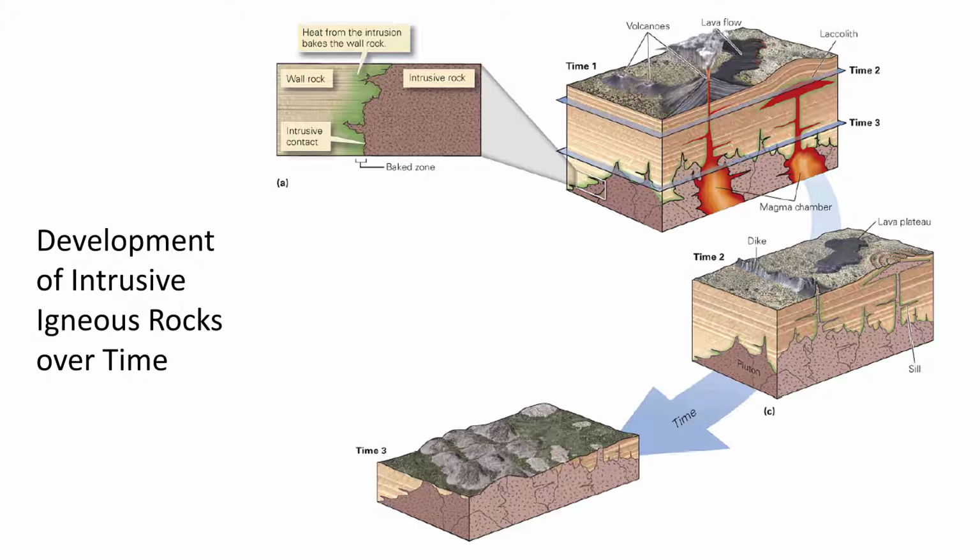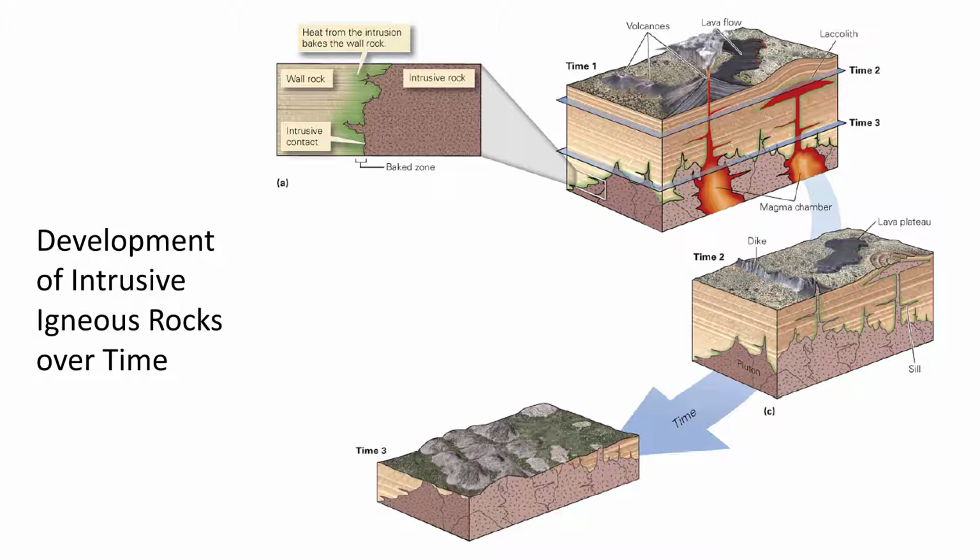As we move from time 1 to time 2, so onto the right side of the diagram, the volcanic activity has stopped, leaving behind the dike and laccolith, as well as the lava plateau that is a remnant of the lava flows that were occurring in time 1.